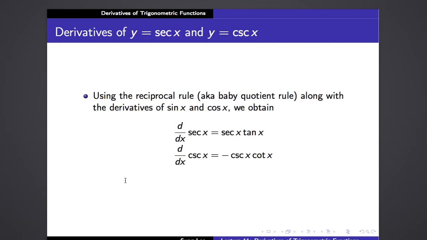Using the reciprocal rule, aka the baby quotient rule, along with the derivatives of sine of x and cosine of x, we obtain the derivative of secant x equals secant x tangent x, and also the derivative of cosecant x equals negative cosecant x times cotangent x.